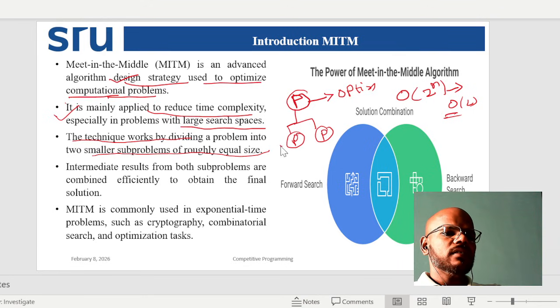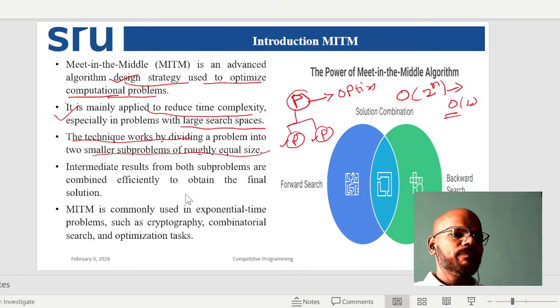Roughly equal size means not necessarily 100% equal size. For example, take binary search. If the array has 5 elements, we cannot divide the array into two equal parts. So either the left side will be 3 elements and the right side 2 elements, or vice versa. That is the kind of strategy this is following, right?